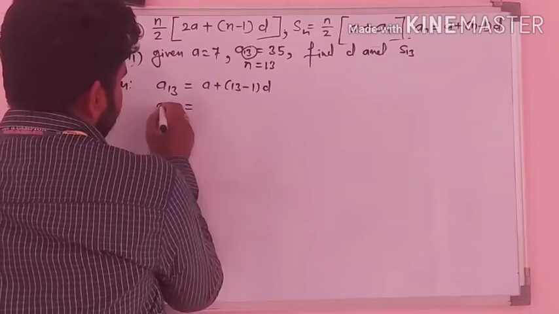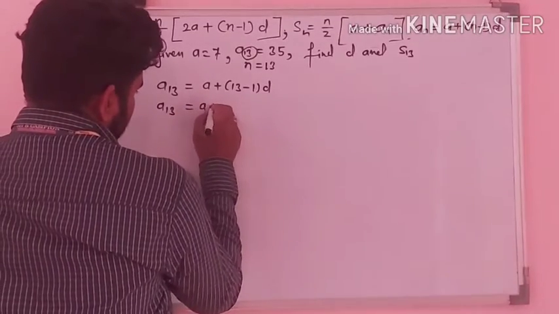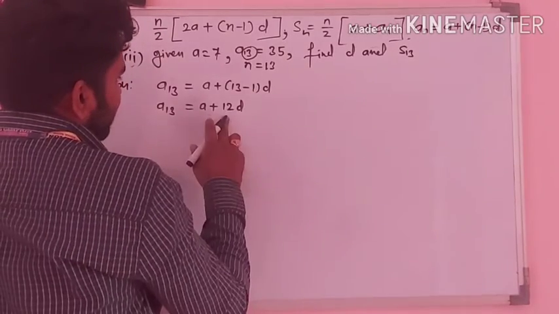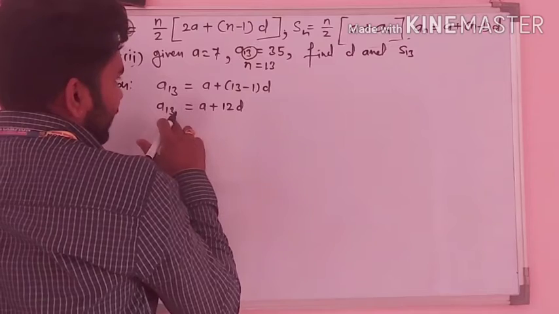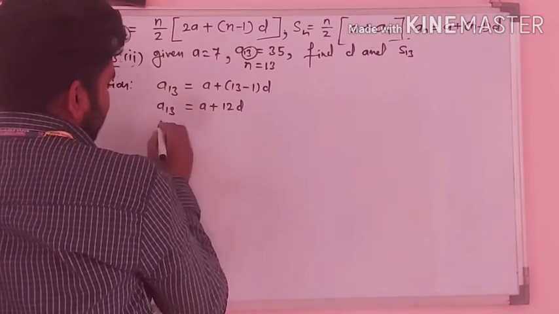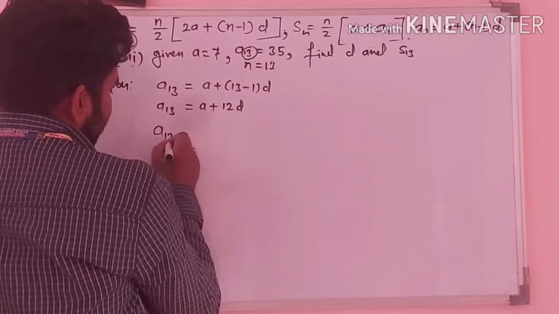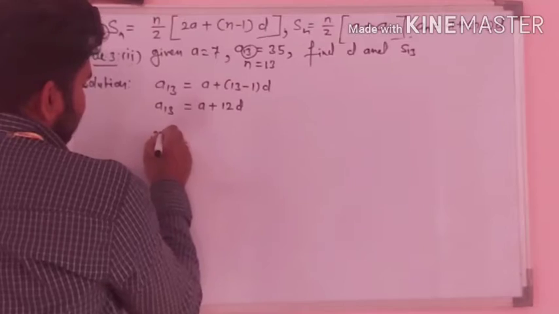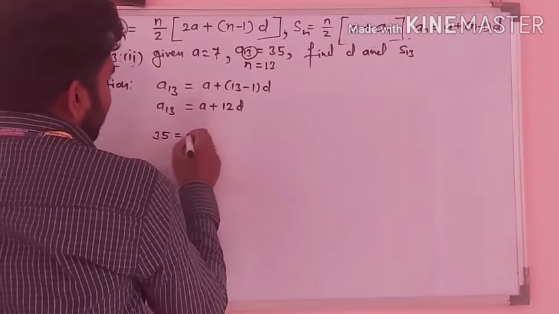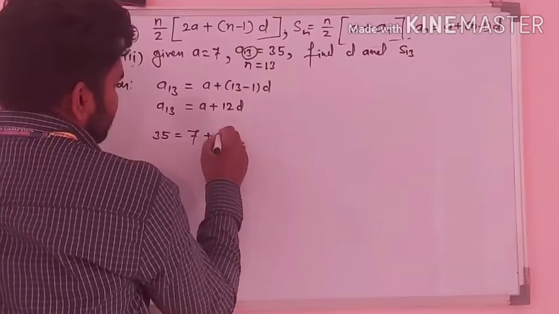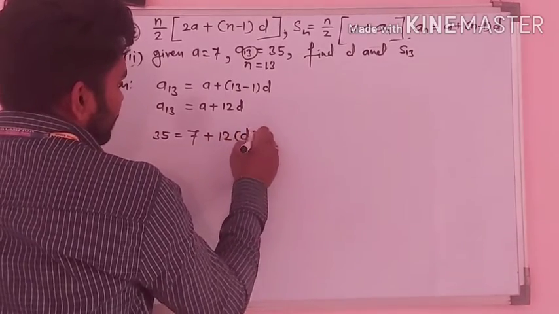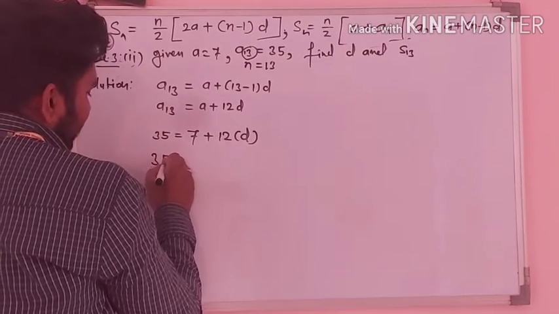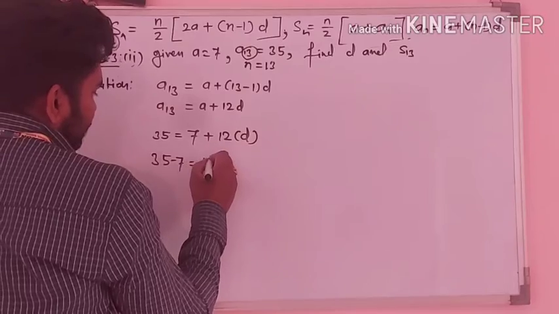Okay, so a13 is equal to 12 d. So to find d, we know a, we know a13. So putting the value here, the value of a13 is 35, the value of a is 7, and 12 d. Okay, so transferring this value here, that means 35 minus 7 is equal to 12 d.